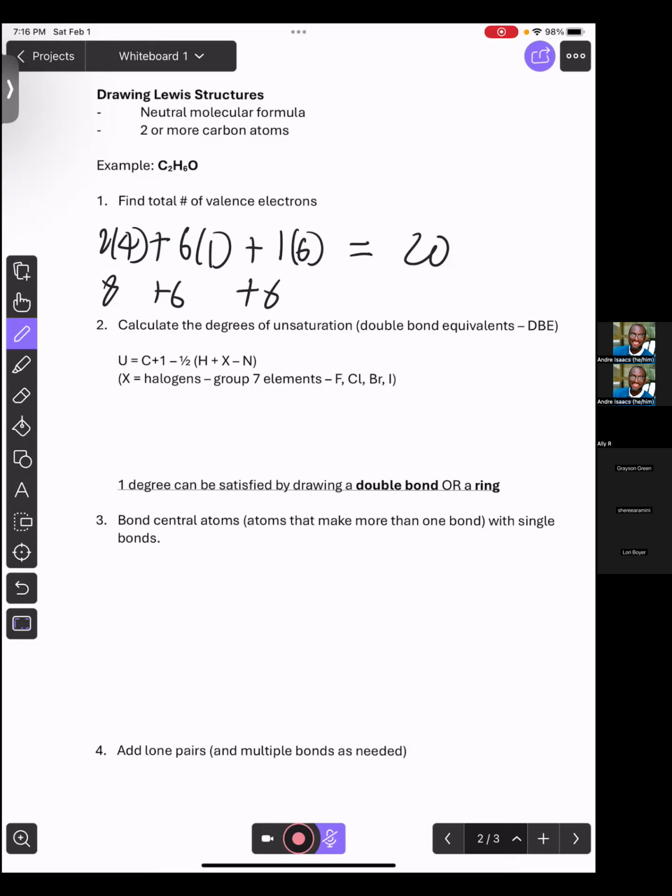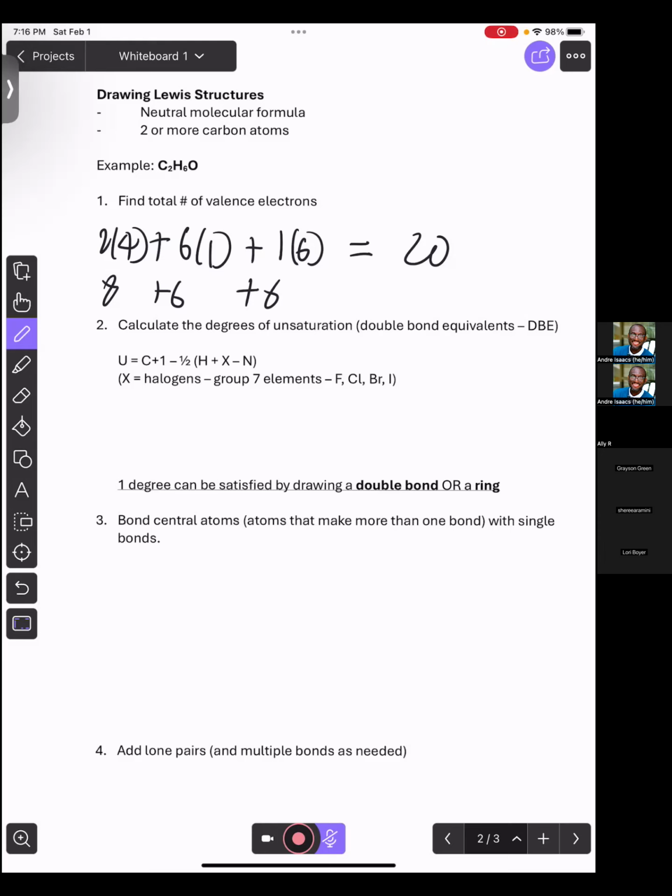Okay? So the formula is you take the number of carbons you have in the molecular formula, you add 1 to that, and then you subtract half of the sum of hydrogens plus halogens. Halogens are the group 7 elements, which we represent as X. So fluorine, chlorine, bromine, iodine. Those are all the atoms that need 1 more electron to get to 8.